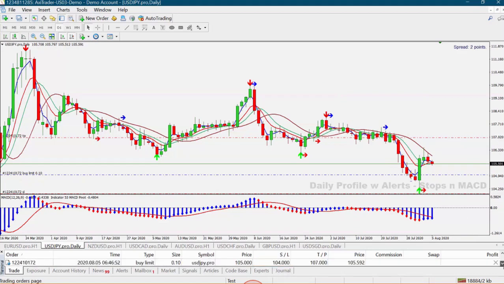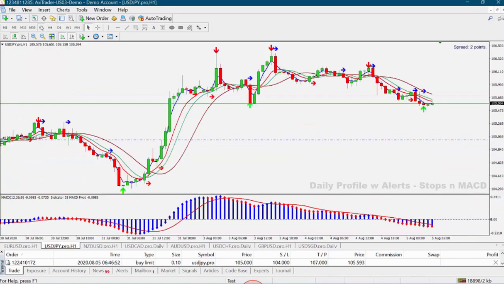Move this down and see where we are right now. Here is, it's a buy limit sitting right here at 105, buy limit 105, stop loss 104, and take profit at 107.